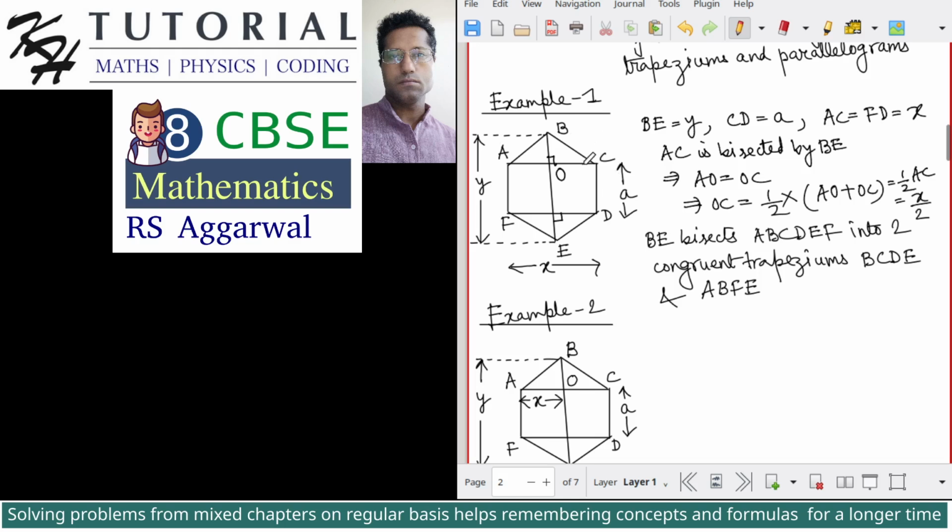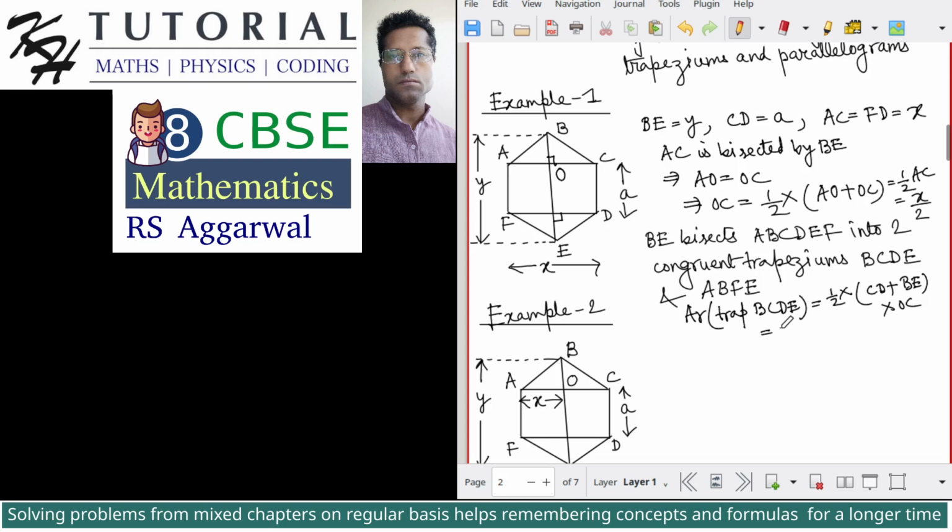Now, what is the area of a trapezium? Area of trapezium BCDE is equal to half into the sum of the parallel sides, that is CD plus BE, into its altitude. The altitude will be OC.